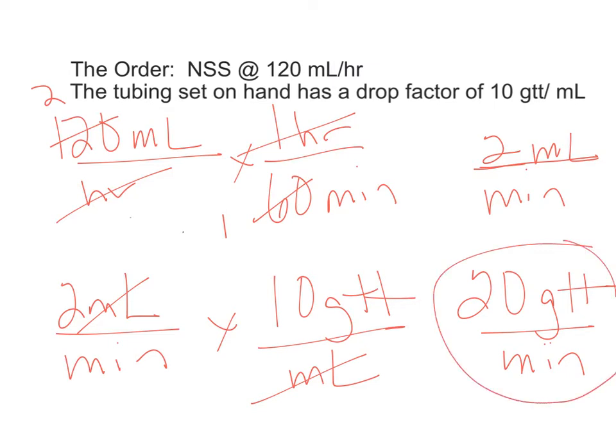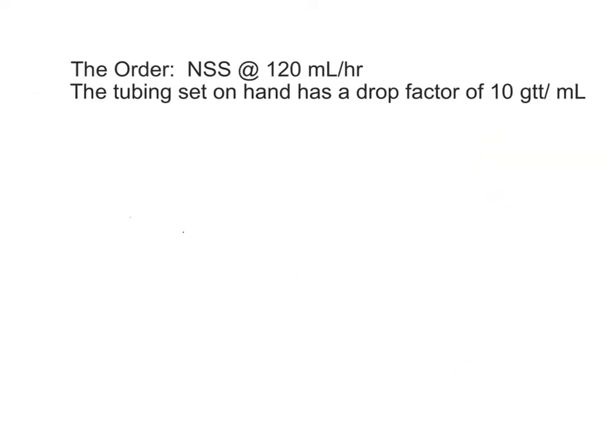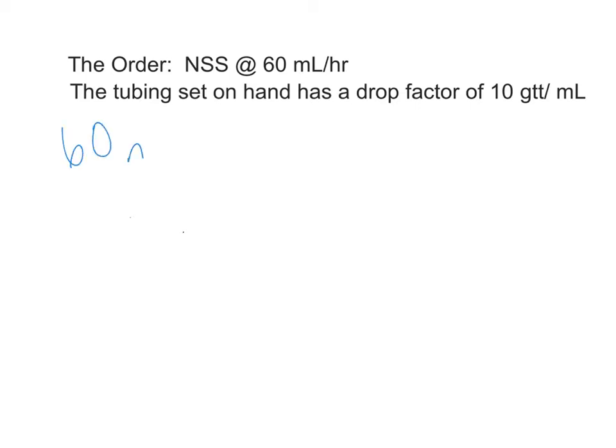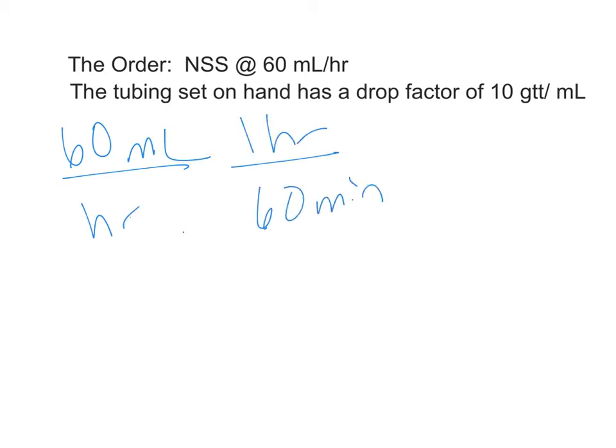And we're going to change up the problem a little bit. Let's get rid of it first. And this time it's going to be even simpler. We have an order for normal saline at 60 mLs per hour. Same tubing, 10 drops per ml. So let's start with 60 mLs per hour. Hour is 60 minutes. Using ratio and proportion, we can cancel these out.